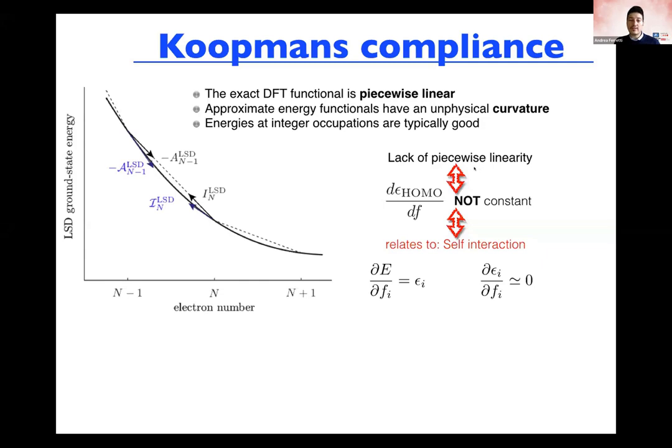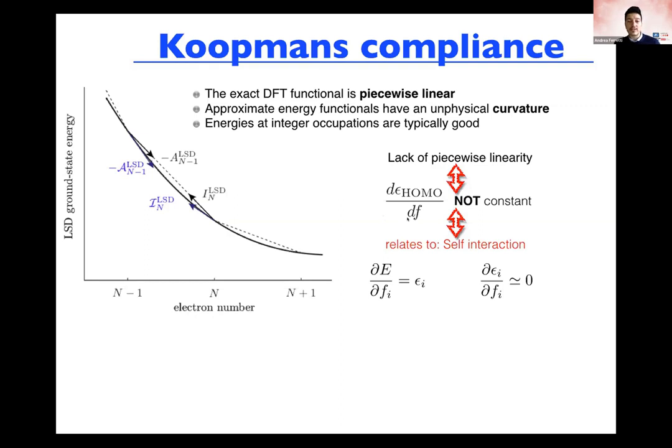So, lack of piecewise linearity somehow means that the derivative of the total energy is not constant with respect to the occupation. That is, an eigenvalue is not constant with respect to its own occupation. That was already mentioned in the past days as a way to define or to hint at self-interaction.